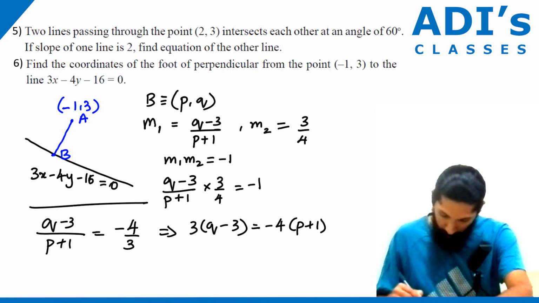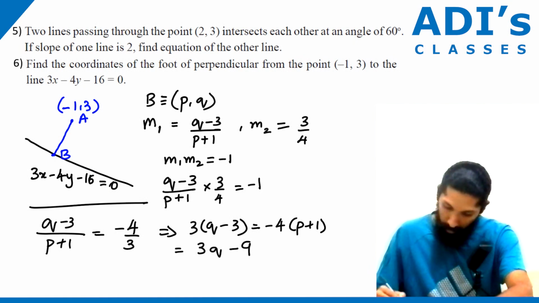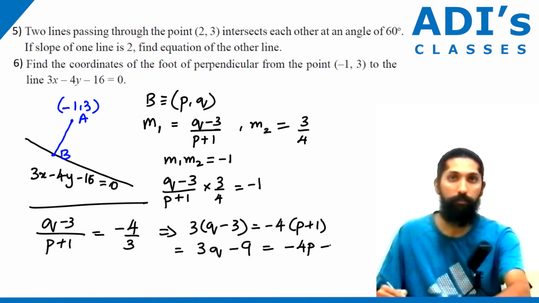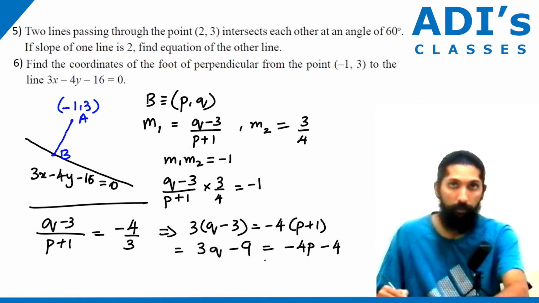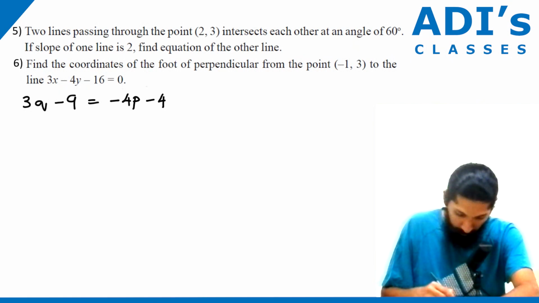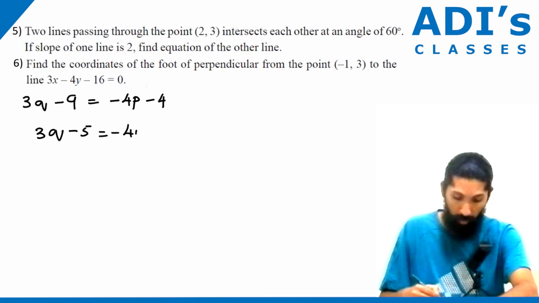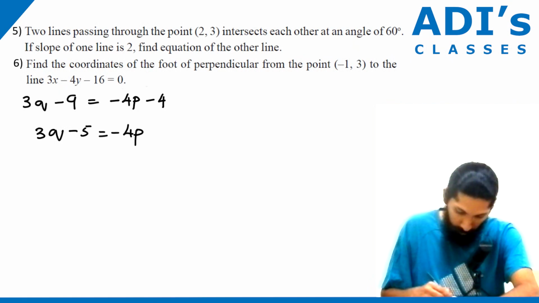So now 3q minus 9 is equal to minus 4p minus 4. Correct? If you transpose, transpose the 4. You'll get 3q minus 5 is equal to minus 4p. Correct? Or you can write p is equal to (3q minus 5) divided by minus 4.